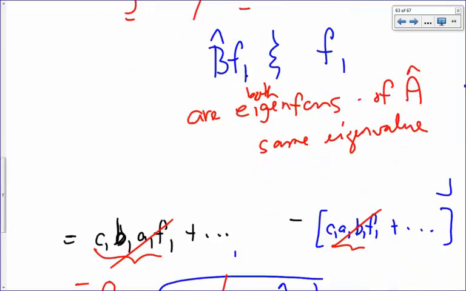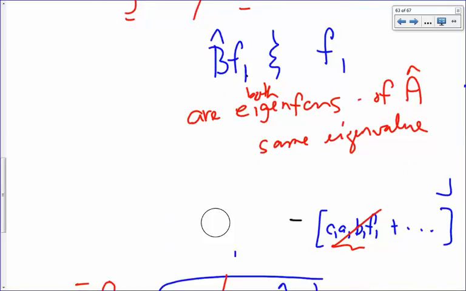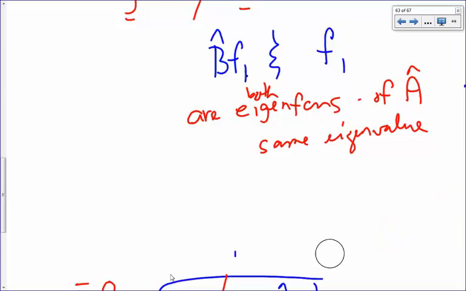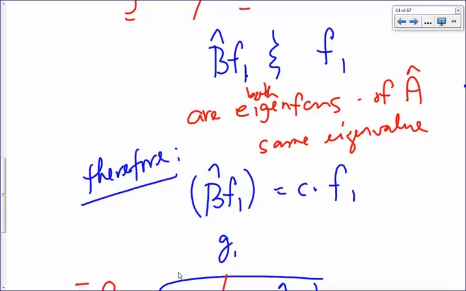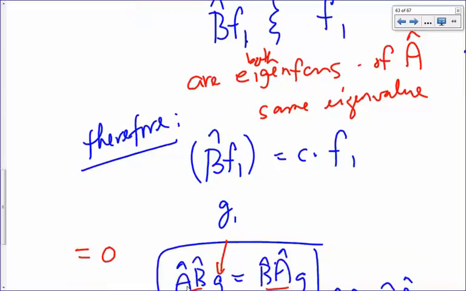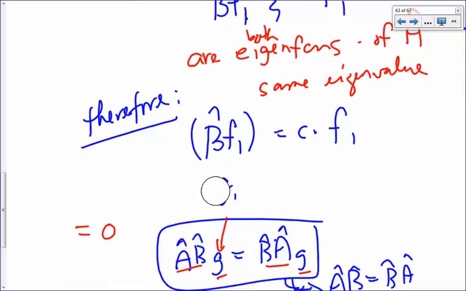But what did we prove last time about Hermitian operators? Non-degenerate eigenfunctions are linearly independent, right? So what that suggests then is that B hat F1, this thing which we call G, is just a constant times F1. So, in other words, we say G and F1 are not linearly independent.